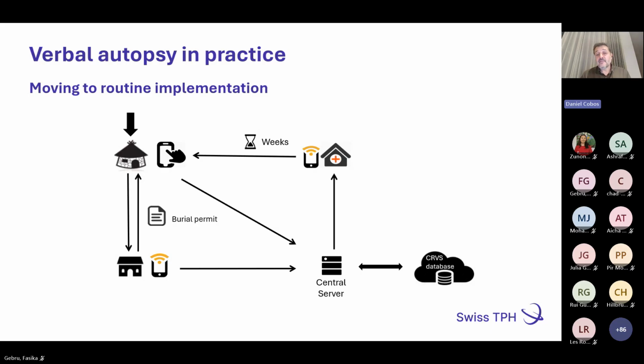But someone from the health sector will go to the household, or now we are doing a lot of tele-VA, telephonic verbal autopsies, that are working quite well. We collect the questionnaire, we collect the narrative, and that's pushed into a central server that then is analyzed. If you go next.